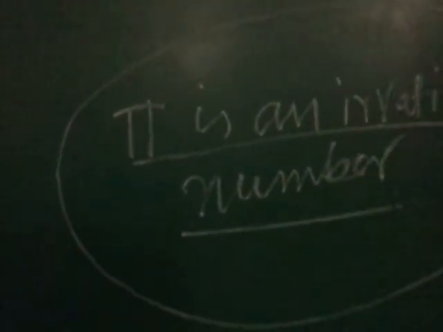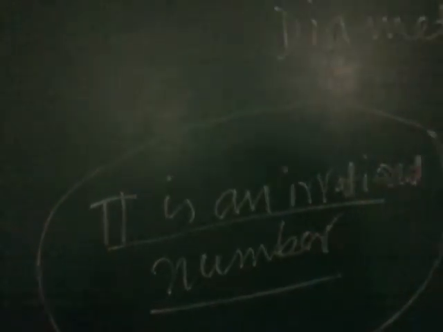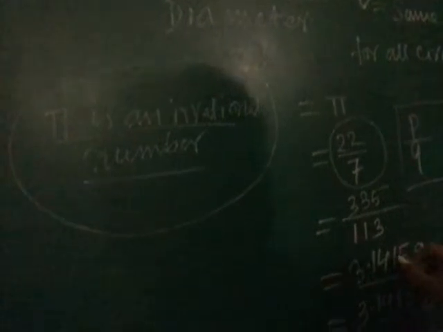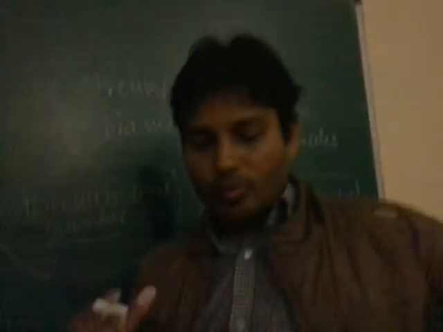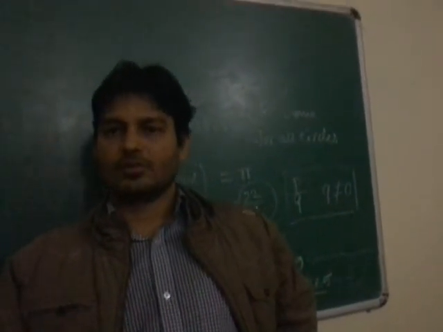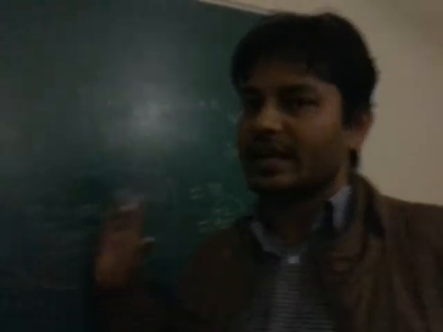So pi is a constant value, and we consider pi as 3.14. We express pi as a radian in circular measure.